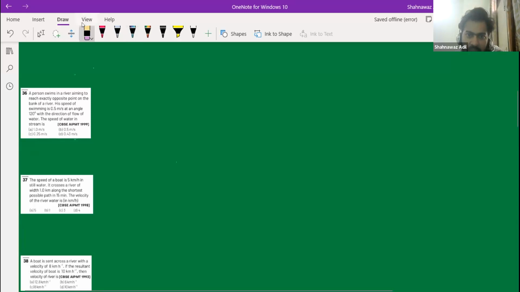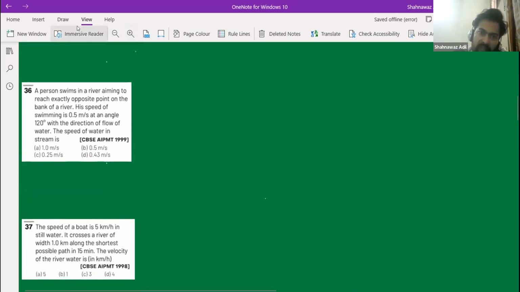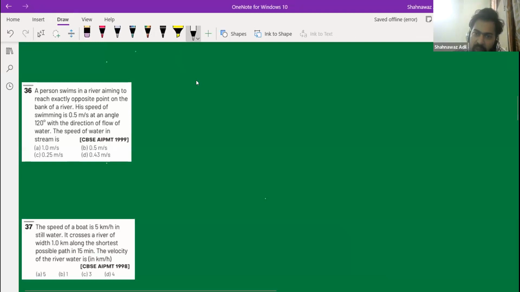Okay, so this question. A person swims in a river, right? So always it is better to make the diagram.